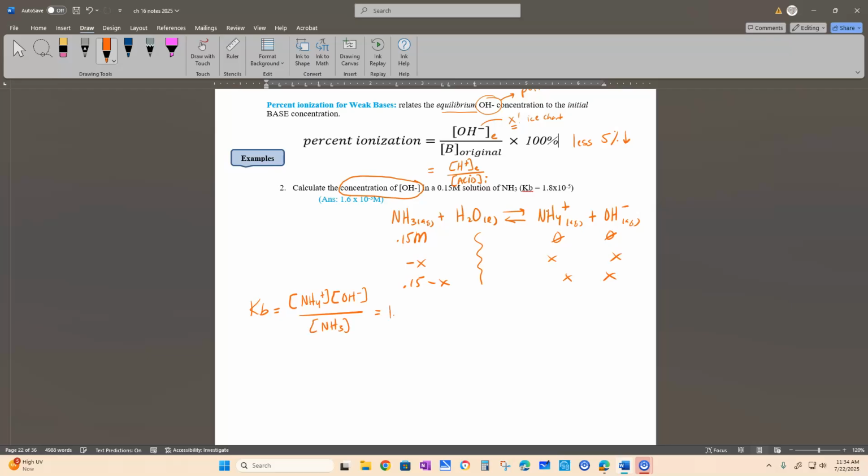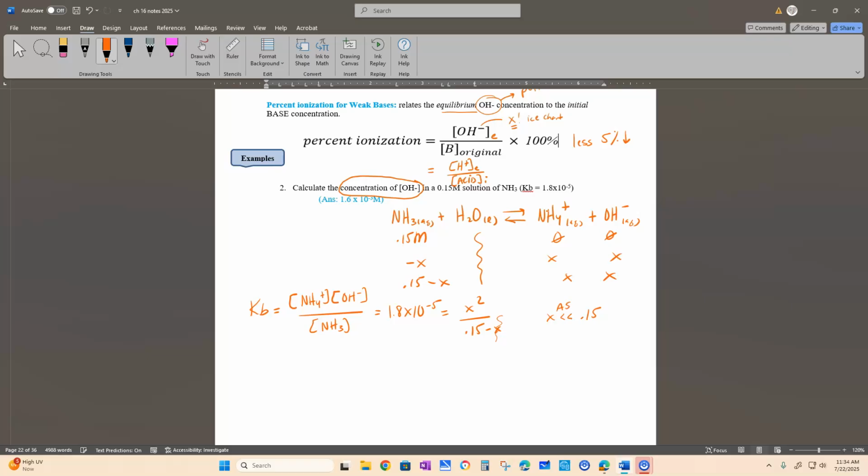So I know my Kb, 1.8 times 10 to the negative 5, equals x squared over 0.15. And then I'm telling AP that x is so small compared to that 0.15, it's not going to matter. So I want you to solve for x.